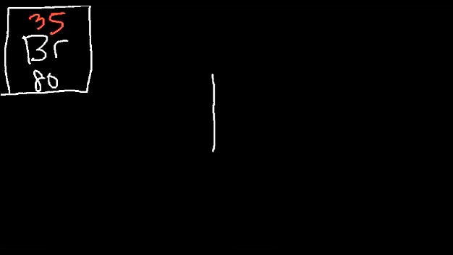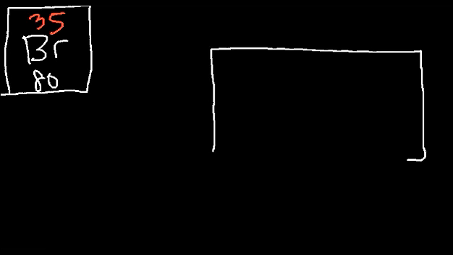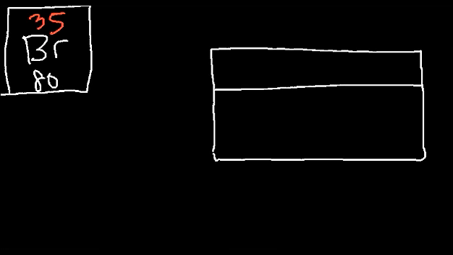So locate bromine in the p block. The p block is the upper right section of the periodic table.